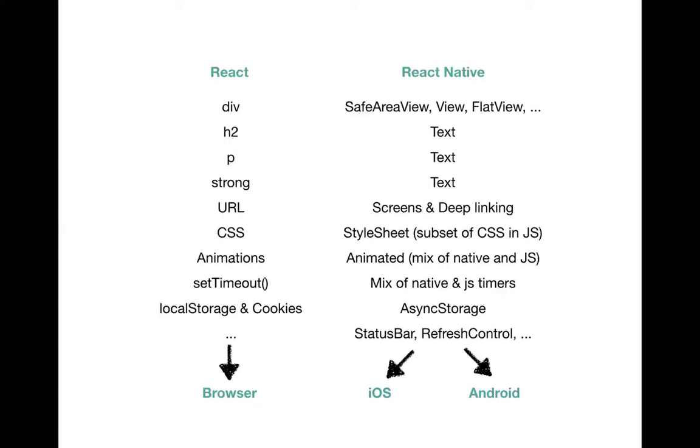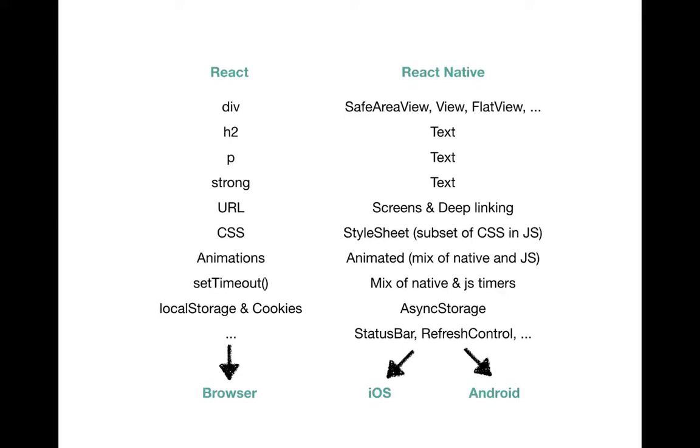CSS, another great technology that we use on web, and it's very powerful. You can cascade them, you can do some animations, you can use some latest prefixes with some cool stuff. It's very powerful. We as web developers use it for years, and we sometimes forget how powerful it is.